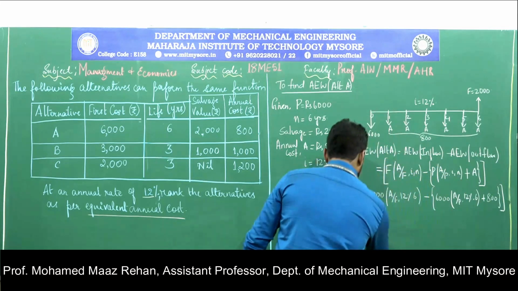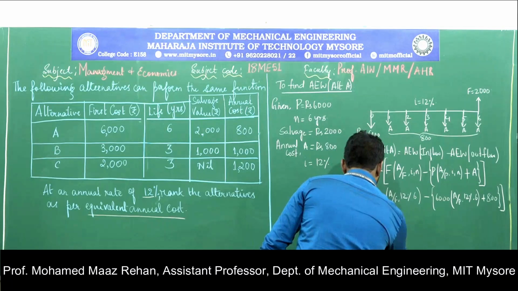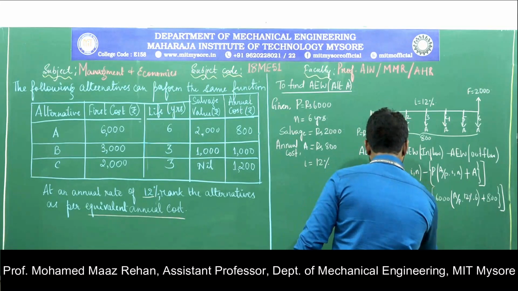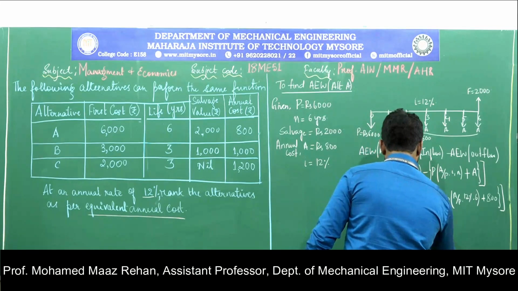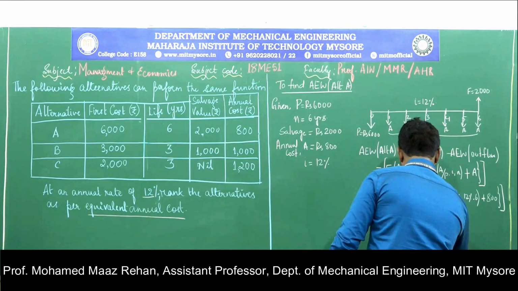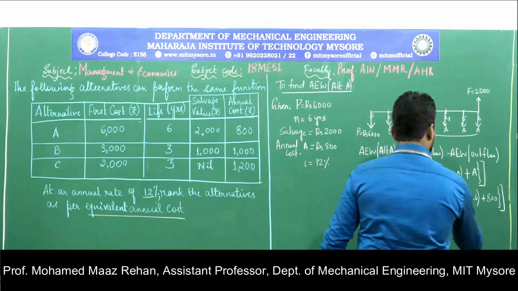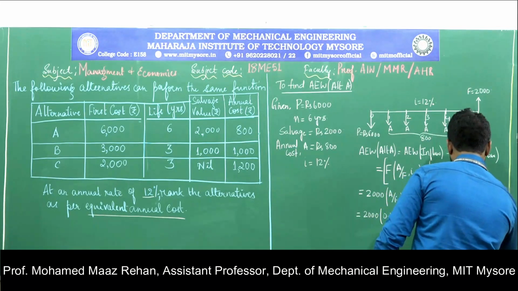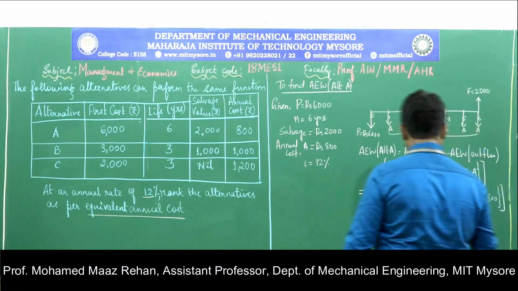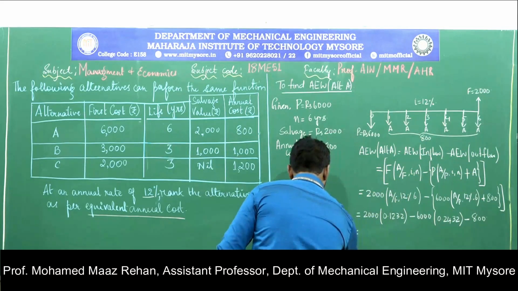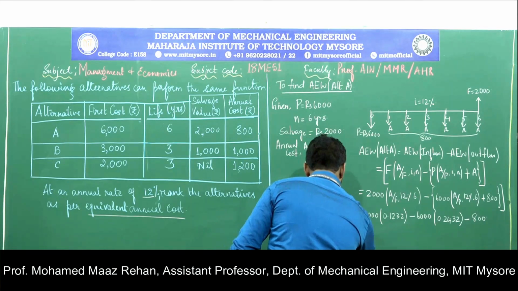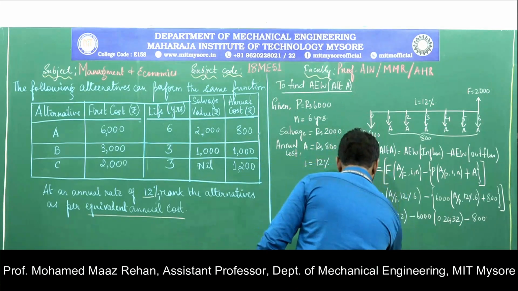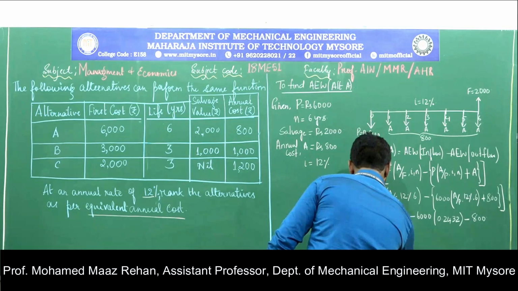If you solve this, you have 2,000 into (A/F) 0.1232, minus 6,000 into (A/P) 0.2432, minus 800. If you just calculate, you will get the annual equivalent worth of alternative A as minus 2012.